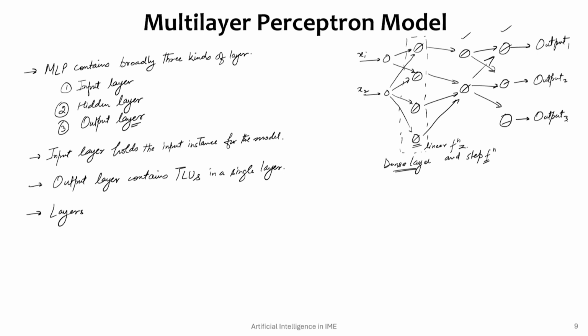Layers close to the input layer are termed lower layers. Okay, and those that are close to the output layer are termed upper layers.